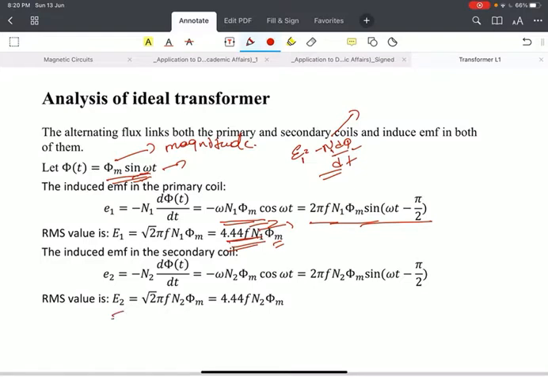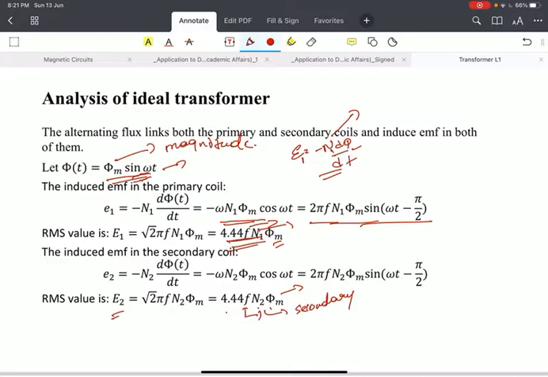Similarly, the RMS value of the induced voltage E2 is equal to 4.44 f N2 phi m. Again, this is the frequency, this is the number of turns in the secondary side, this is the magnitude of the flux.